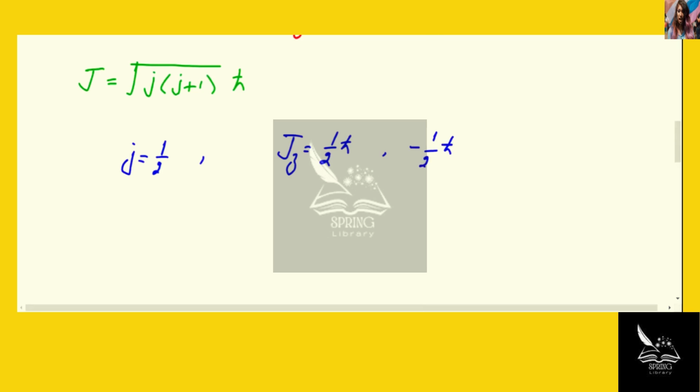So similarly for j equal to 3 upon 2, we have the z component of total angular momentum equal to 3 upon 2 h cut, half of h cut, minus 3 by 2 h cut and minus half of h cut.